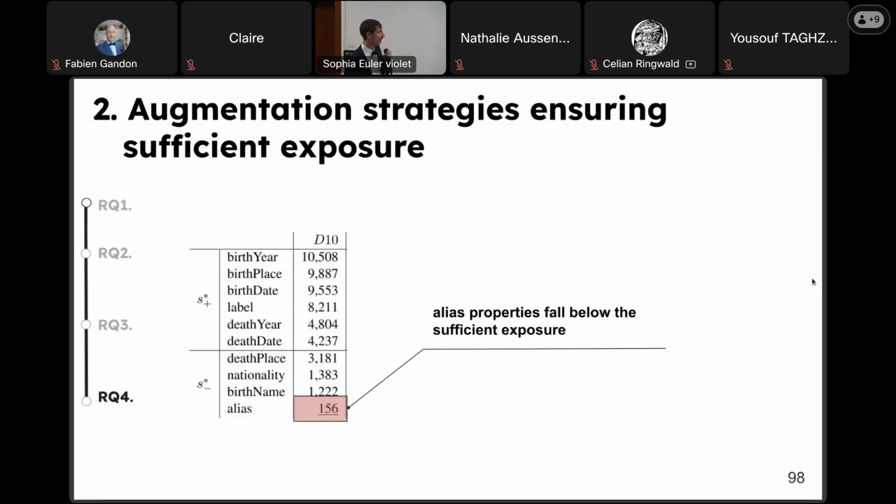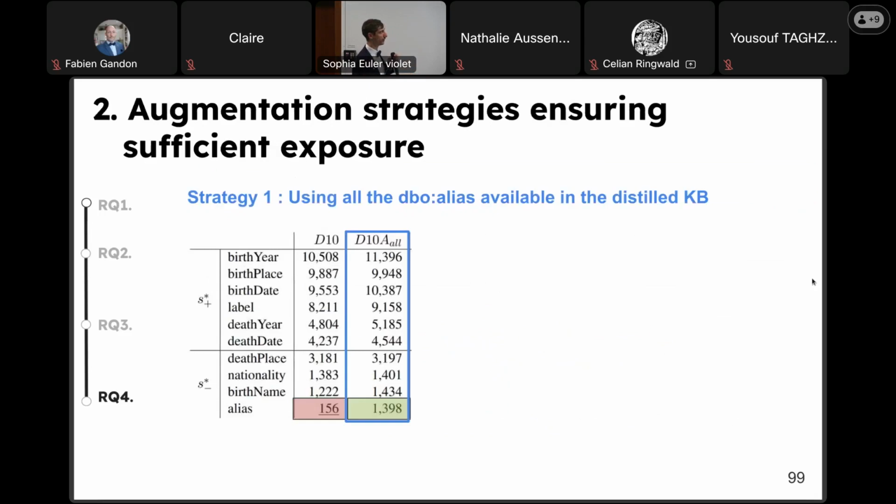So as we can see, when we observe and analyze our base configuration training set, the alias properties fall below the sufficient exposure. The first strategy we propose is simply to add all the alias properties we have in our knowledge base into the training set.